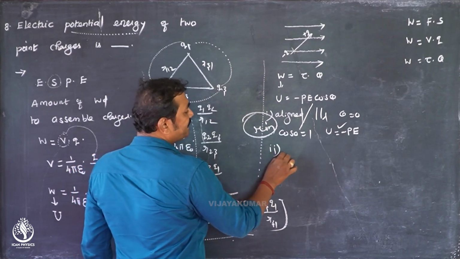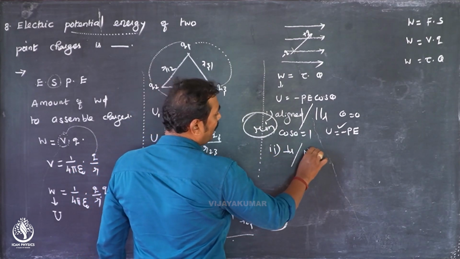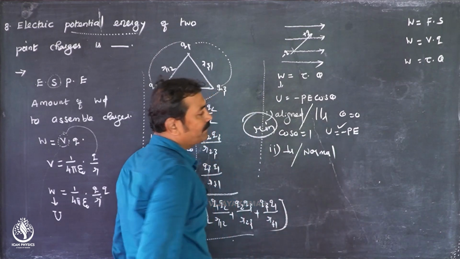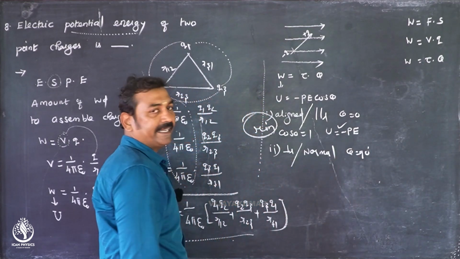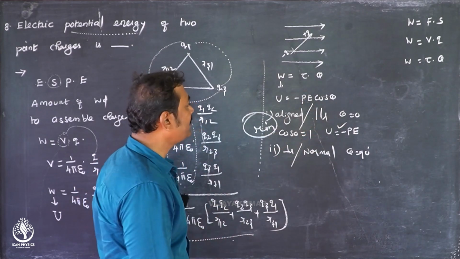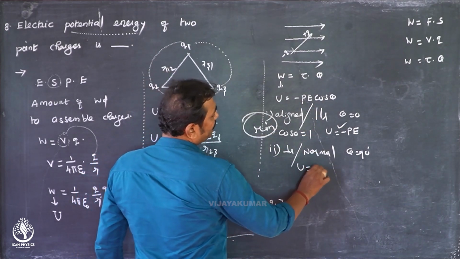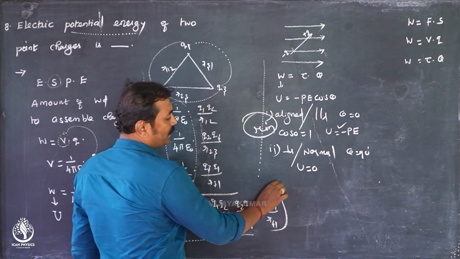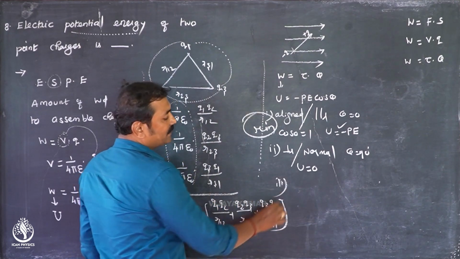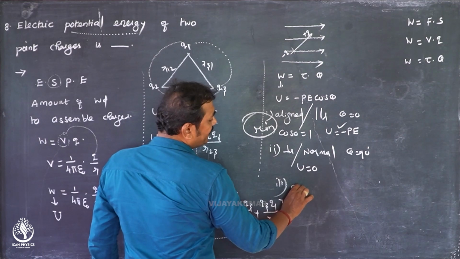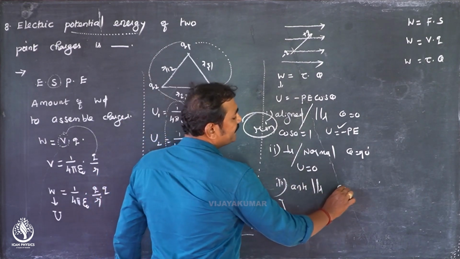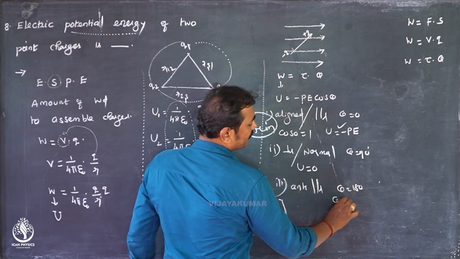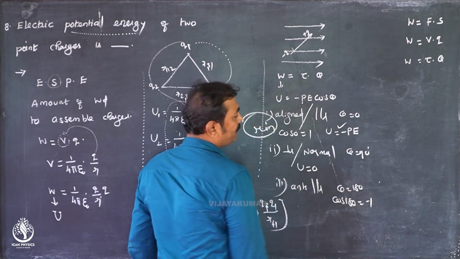Next, when it is kept perpendicular or normal, theta equals 90. Cos 90 is 0, so the electrostatic potential energy is 0. Then the third case, when it is kept anti-parallel: theta equals 180, cos 180 equals minus 1.